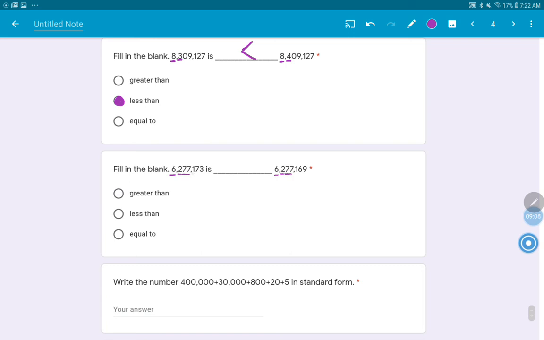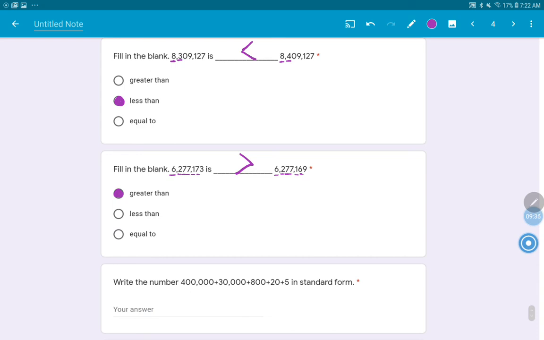I'm going to have to keep going. 100, 100, and I have 7 10s and 6 10s. Now I know that 7 10s is bigger, so 6,277,173 is greater than 6,277,169.